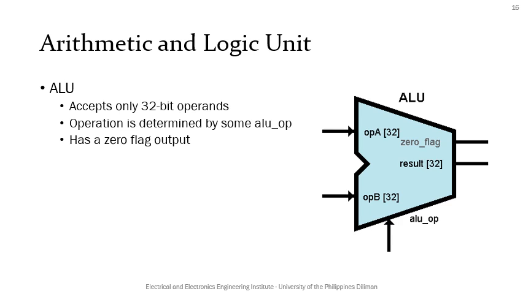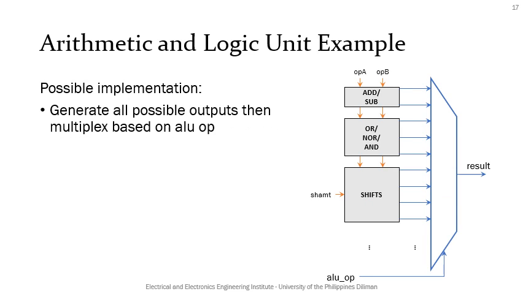Aside from the 32-bit result, the ALU also has a zero flag output, which is asserted whenever the result is exactly 0. This flag will prove to be useful in supporting conditional branches later on. The ALU can also be connected to the shift amount field, although the connection is not explicitly shown anymore. A possible general structure of the ALU is shown.